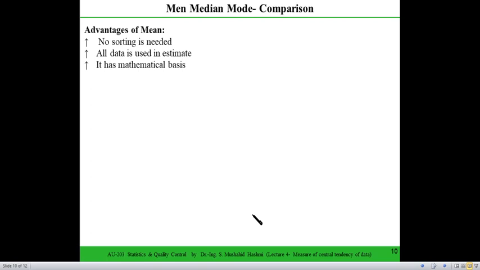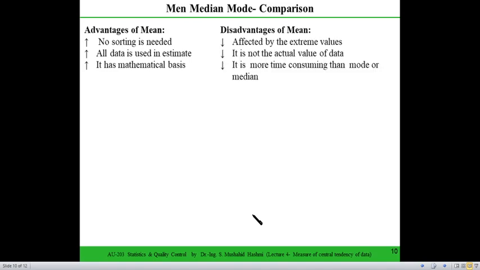And since you are summing up, using the mathematical operations of adding them together and dividing, the scale of measurement should be ratio, because you are adding them as well as dividing them. So all the mathematical basis is present in the mean, and it is mathematically somewhat easier to calculate.